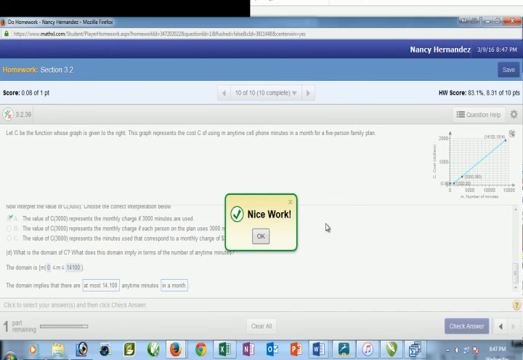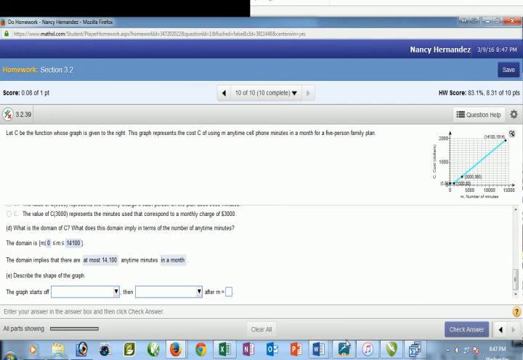Cool. At most 14,000 because that's the most you can hit. I did 14,100 because it says domain per month.